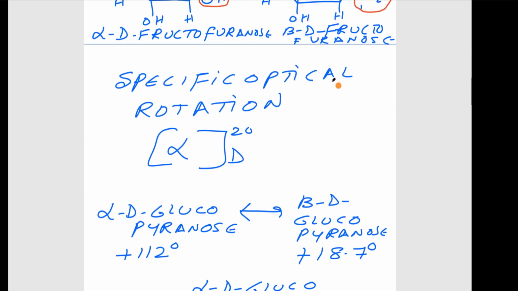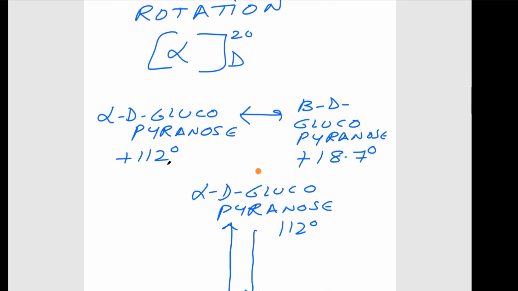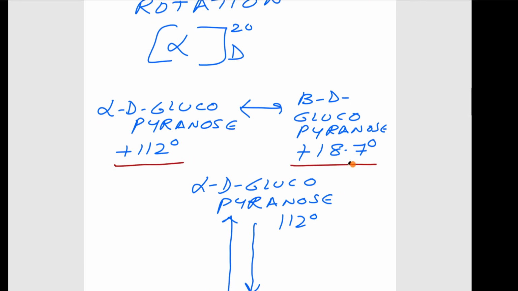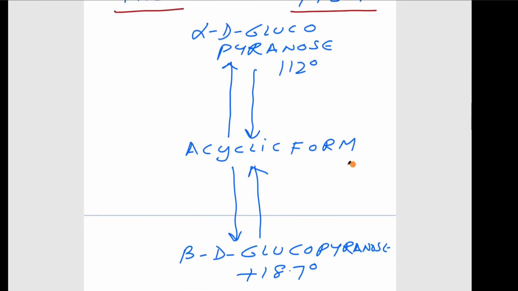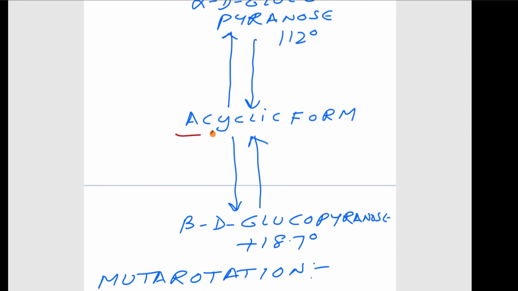Then we have discussed specific optical rotation. Alpha D glucopyranose has plus 112 degrees, whereas beta D glucopyranose has plus 18.7. They can be interconverted, first attaining the acyclic form, then the other form.